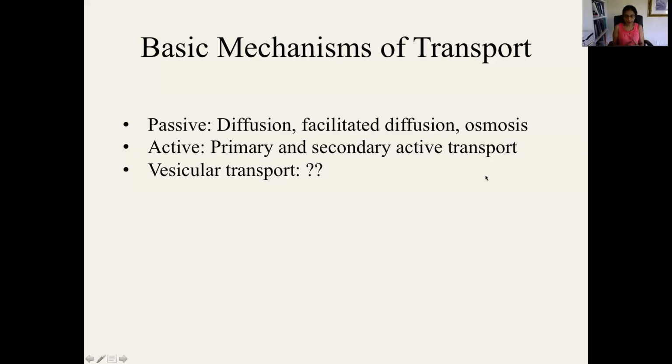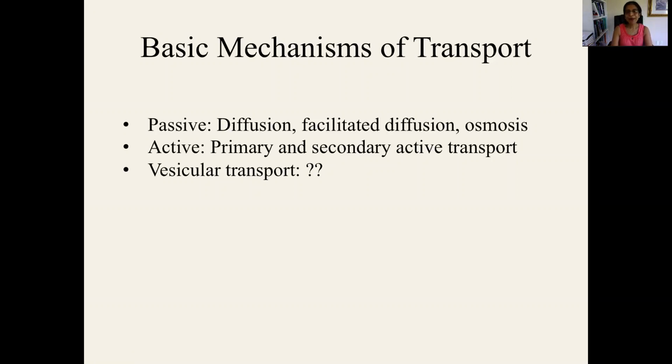In this section of the lecture, we'll talk about the transport mechanisms that exist at the cell membrane. You could describe the cell membrane in a couple of ways. We already talked about the fluid mosaic model, the bilipid layer.